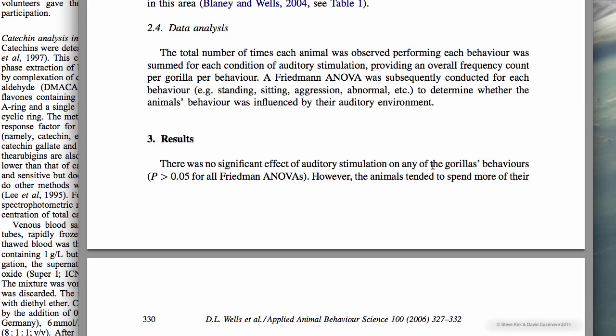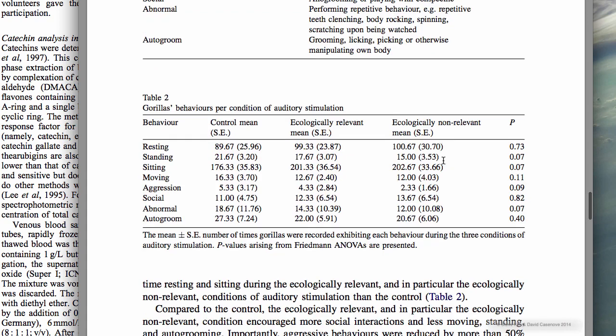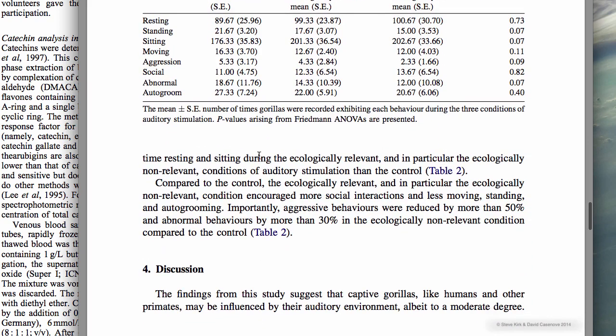Okay, in the case of the gorilla paper, you can see the animals tended to spend more of their time resting and sitting, okay, than the control. Okay, also here, compared to the control, these conditions encouraged more social interactions, less moving and standing. Aggressive behaviors were reduced by, and then this is how much, amount of the change by more than 50%.